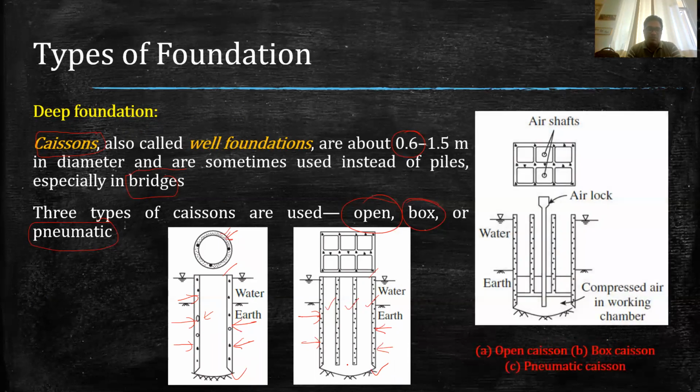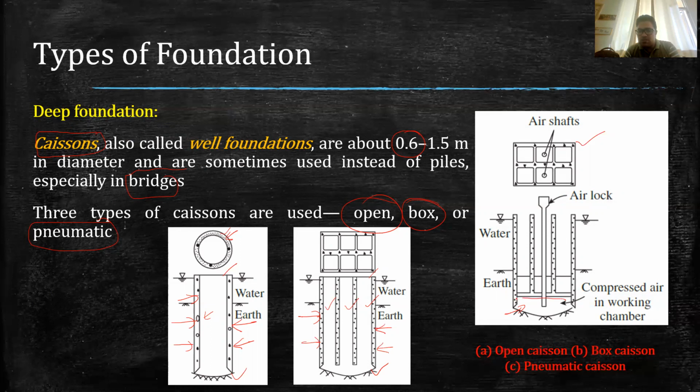Similarly, we have the third type of well, which is called the pneumatic well. In this case, as we construct this well foundation in the water, there are chances that water may enter the well. So sometimes we provide some air shafts, and through the air shafts we provide compressed air.